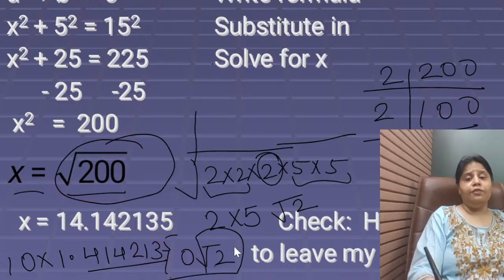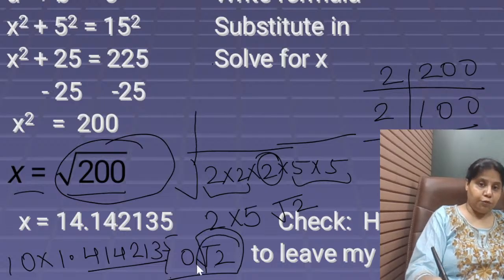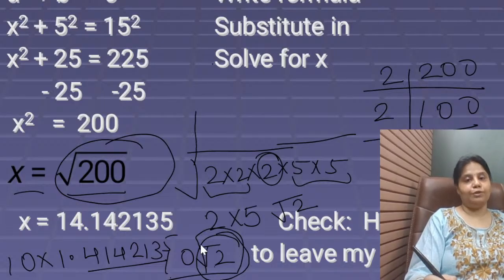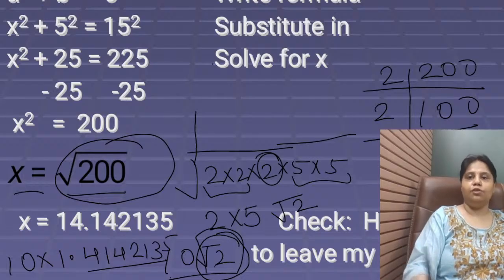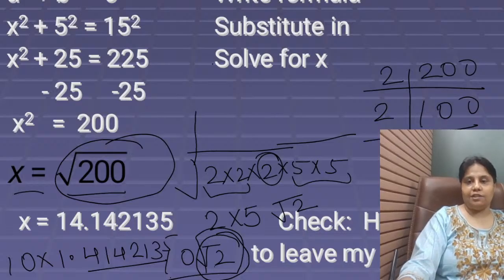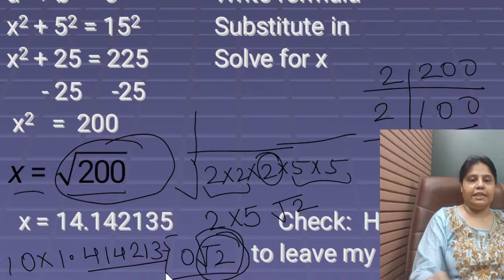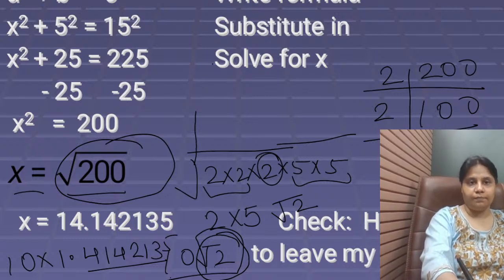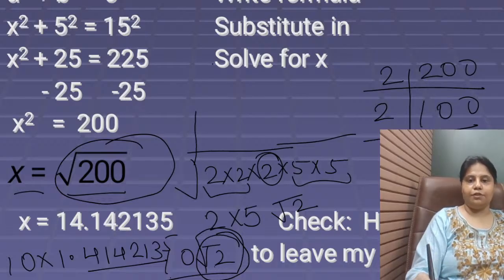Or we can find the value of this root number with the long division method. We will learn it in our next class, in the upcoming classes. So approximately we will take it that the ladder reaches 14 feet up the wall. This one. Okay, so next.